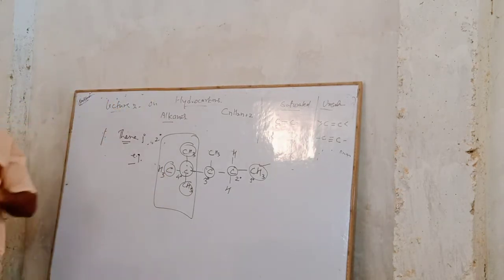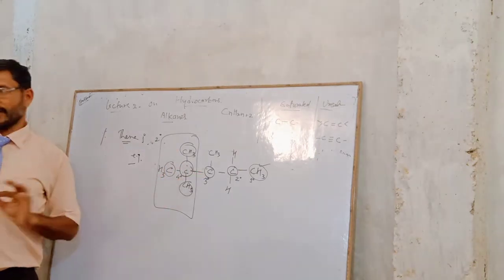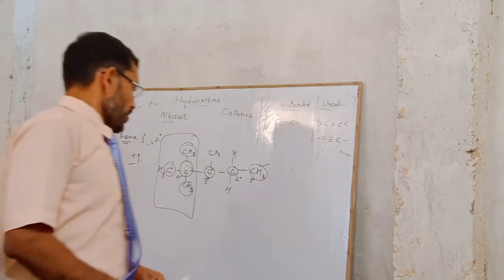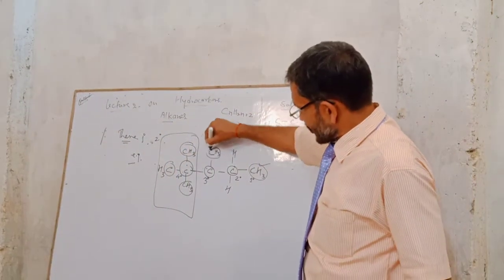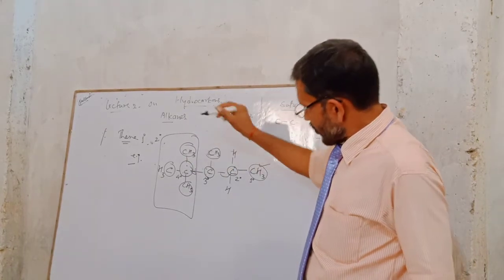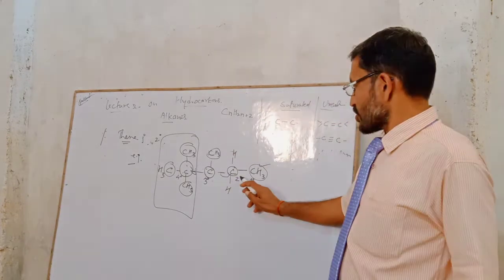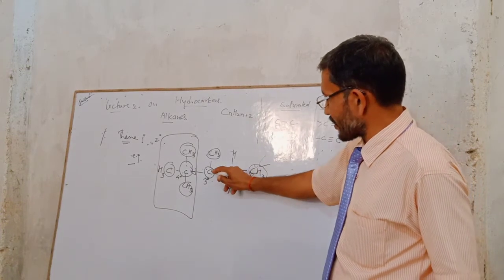Are you getting it? Carbon is directly attached to carbon from all four sides. That's why it is a 4 degree or quaternary. Right? So here we have a 3 degree. Why? One carbon atom is here, another on this side, and another on this side. So that is how it is a 3 degree carbon atom. Here is a 2 degree, because there is one carbon atom on one side and another carbon on the other side.